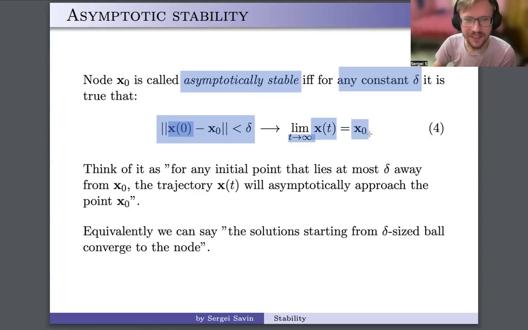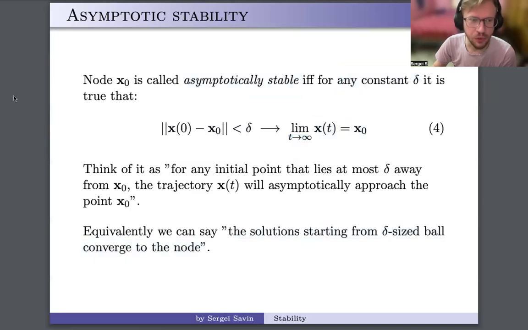All right? So the solution starting from a delta-sized ball converges to the node. All right? That is asymptotic stability.